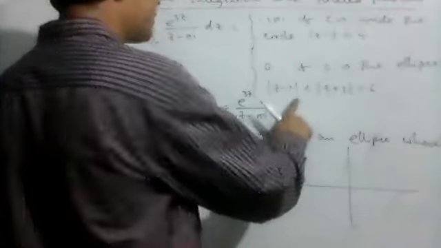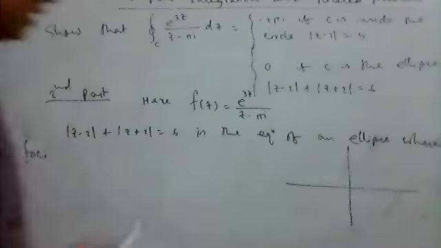Let me draw the sketch of the given ellipse here. So this equation represents an ellipse, and the illustration of that ellipse is this one.